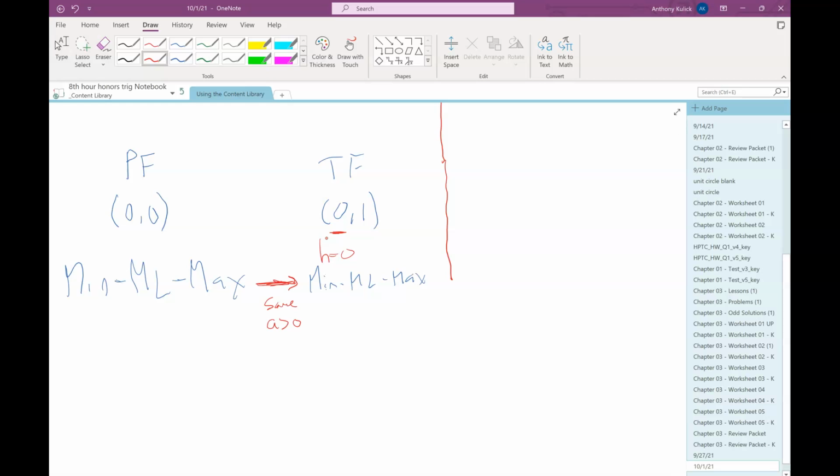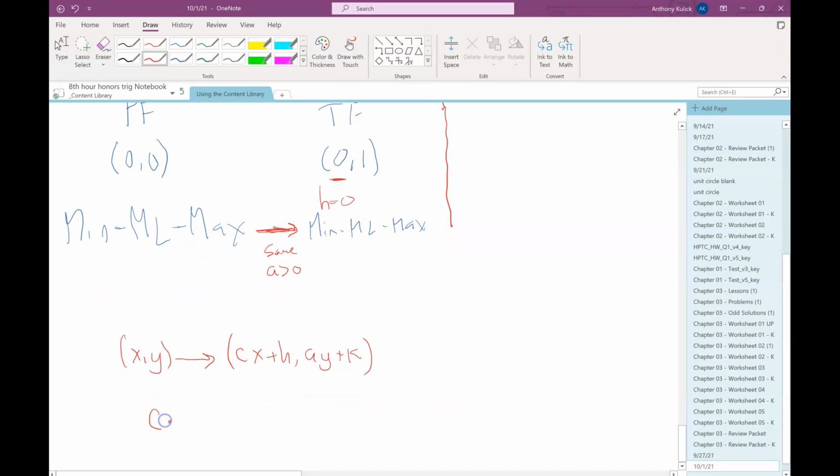Let me just take a moment and explain to you why the H is going to be that x-coordinate. So remember that we have this transformation map, right? Everybody remember that?